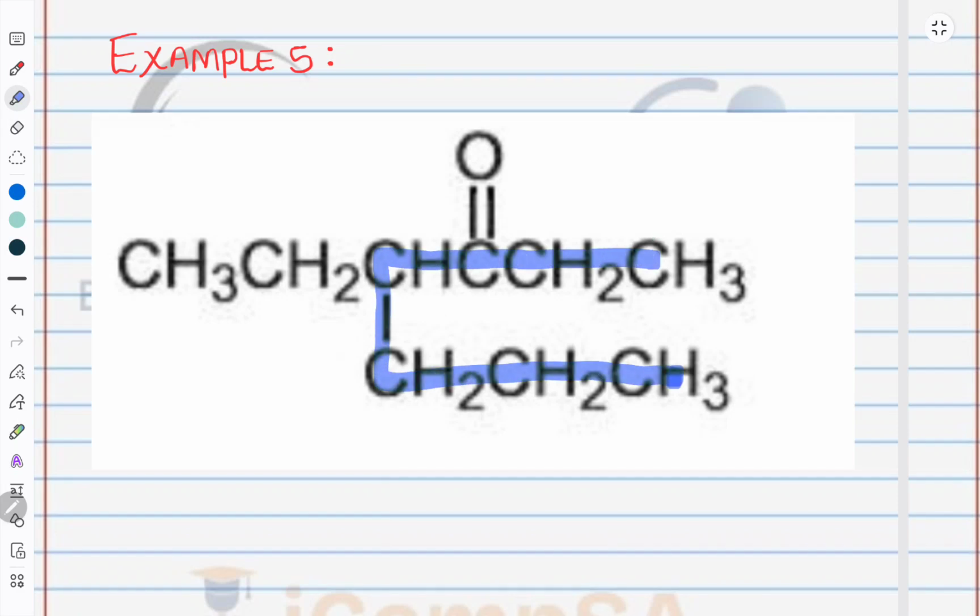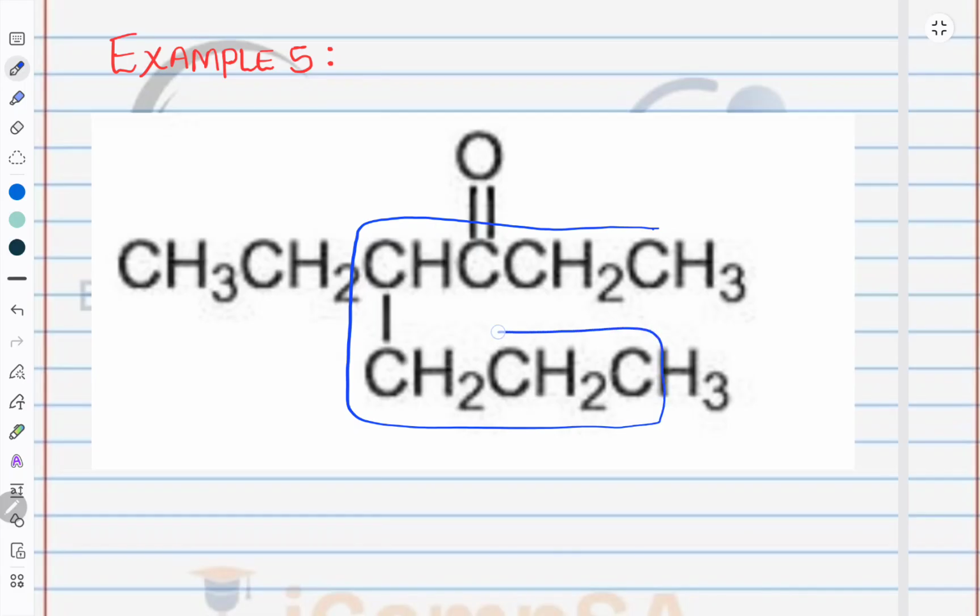That's our main chain. Also, it's a valid chain because it includes my carbonyl group here. You have to include that group in your chain. So I'm fine. I know the chain is correct and it's valid. All right, so let us mark our main chain. It's this one, going there.